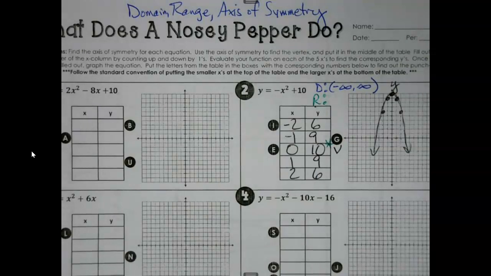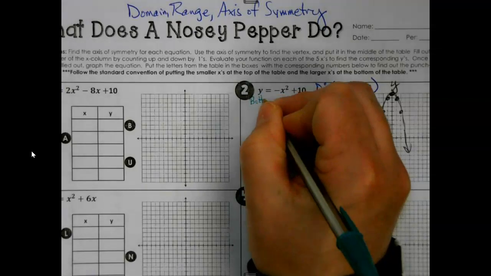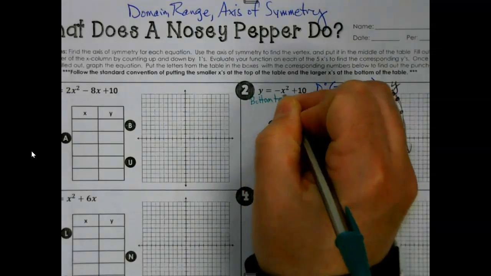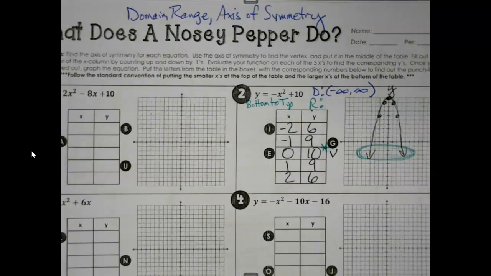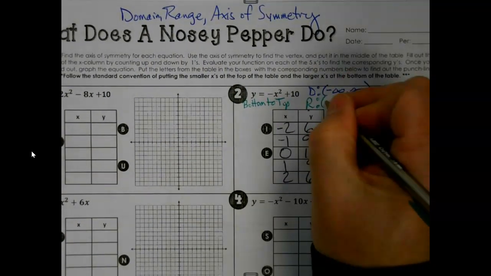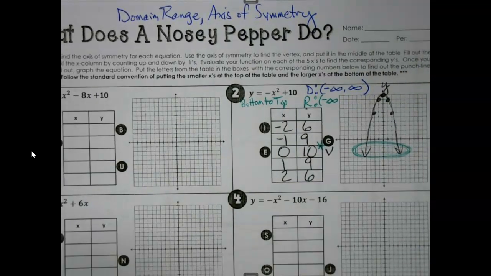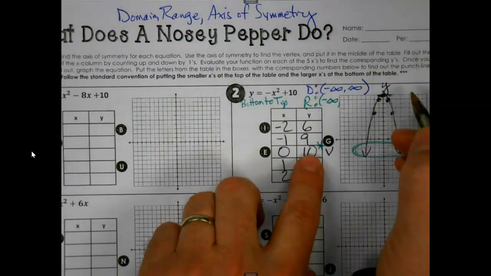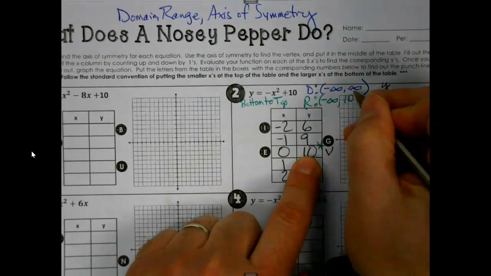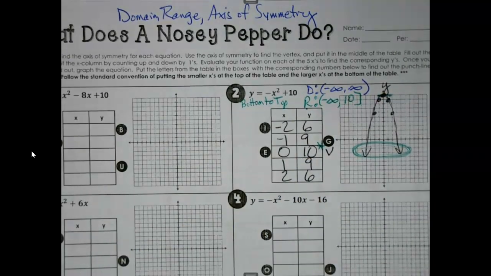It is, but remember, this is bottom to top. When I look at the bottom, I see the arrows going forever, but they're going forever down to negative infinity. And the top of my graph is up here at 10. So I'm still using that y value. I'm just using it in a different spot.